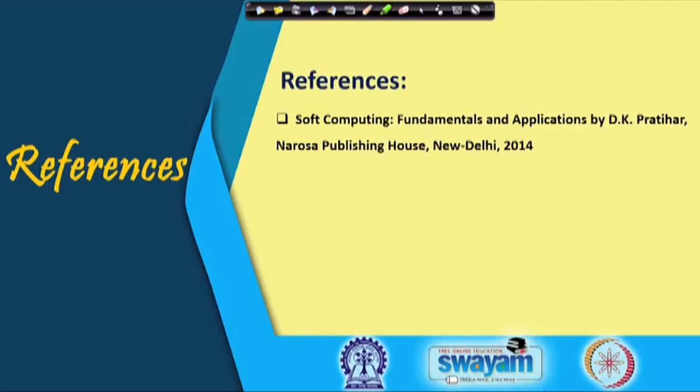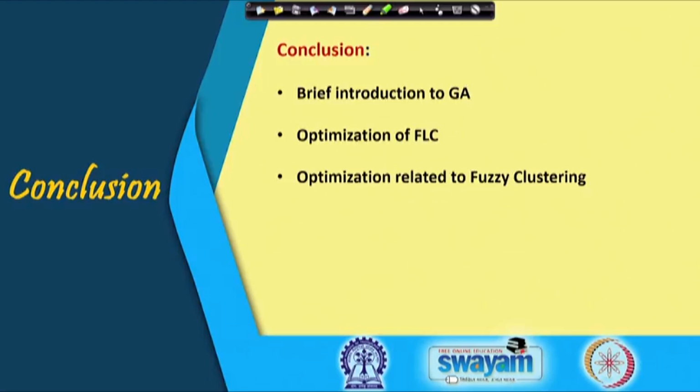You can refer to this, and here I just want to summarize whatever we have discussed in this particular lecture. At the beginning we gave a brief introduction to the nature inspired optimization tools, particularly the genetic algorithm. We spent some time on optimization of the fuzzy reasoning tool or fuzzy logic controller, like how to find out the optimal database and optimal rule base for the fuzzy logic controller.